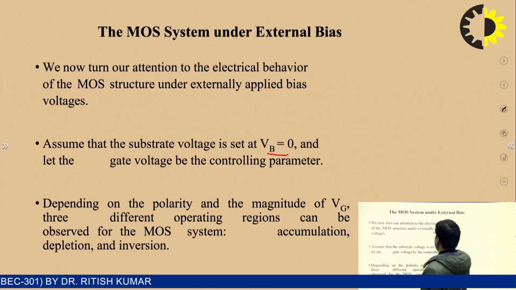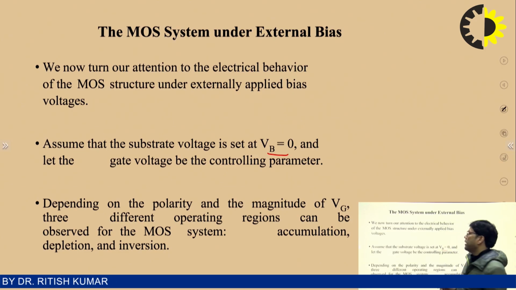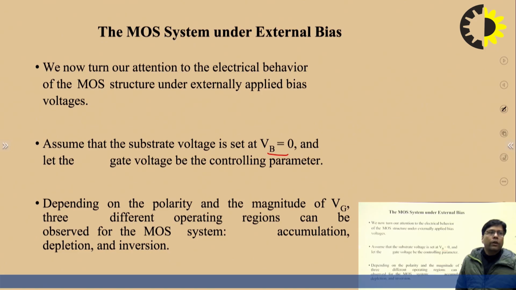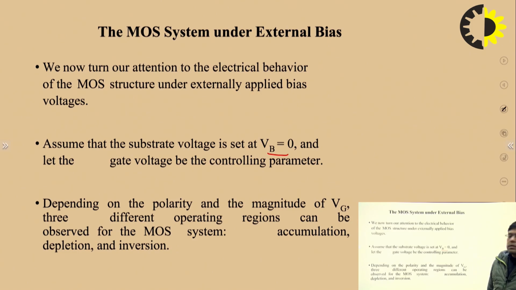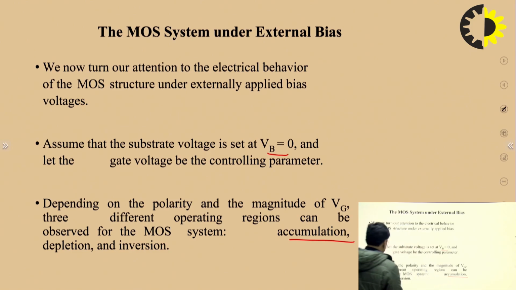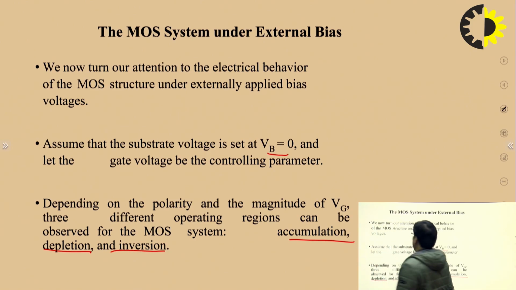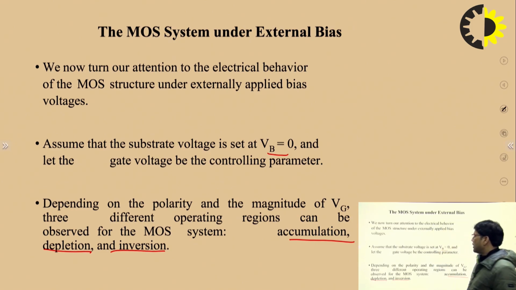That's why we call this a voltage-controlled device. Depending on the polarity and magnitude of Vg, three different operating regions can be observed for the MOS system: accumulation, depletion and inversion. We need to understand these three regions separately.